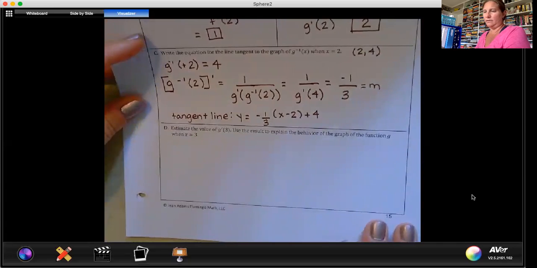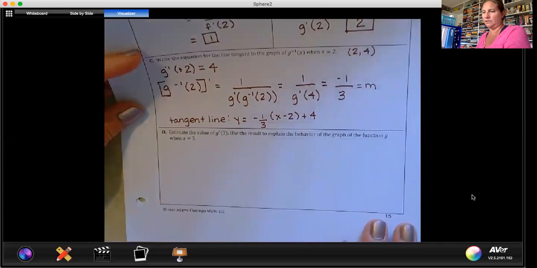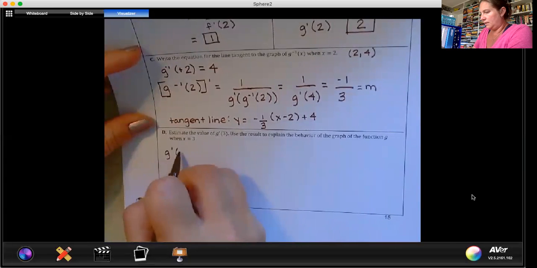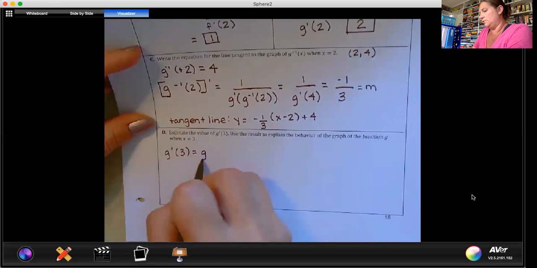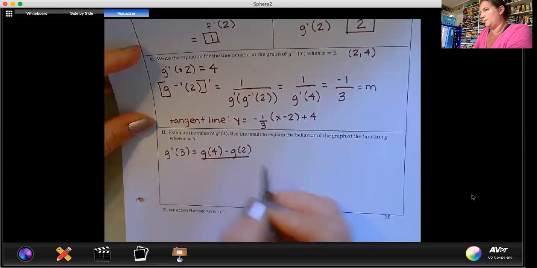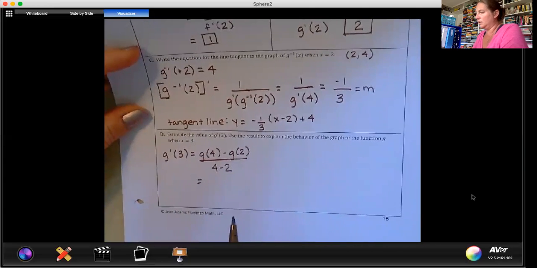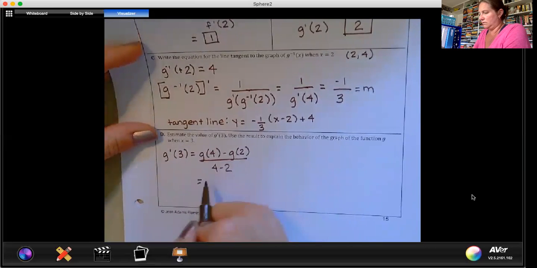Estimate the value of g prime of 3. Use the result to explain the behavior of the graph of the function g when x equals 3. So g prime of 3, we're going to do g of 4 minus g of 2 over 4 minus 2. So looking back at your chart, g of 4 is 2.